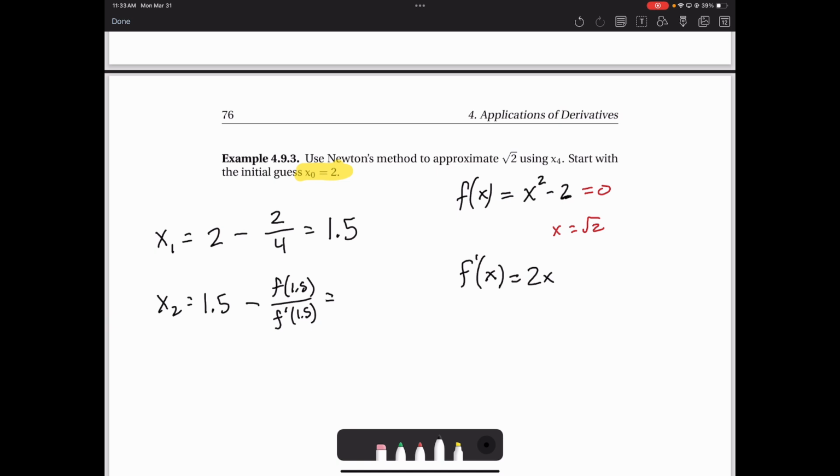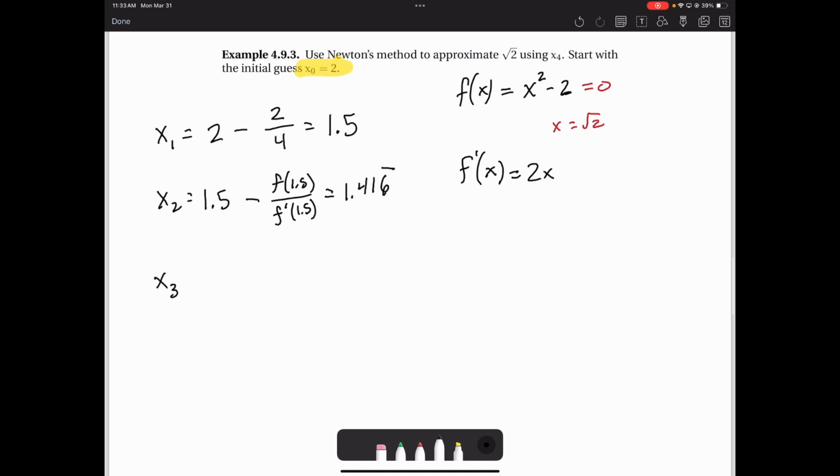You should get 1.416 repeated. Okay, very nice.